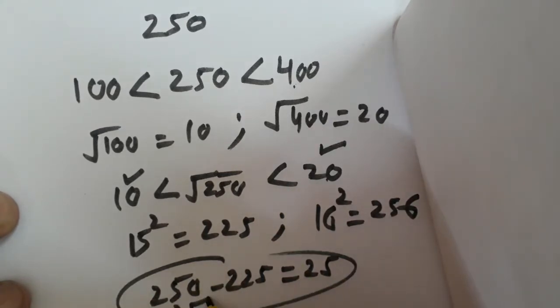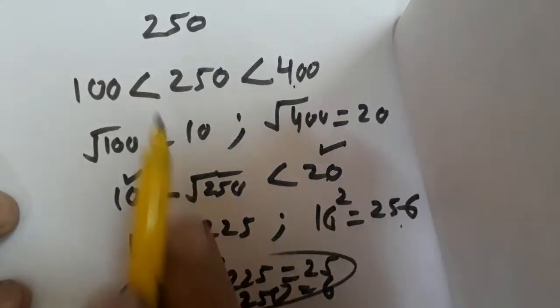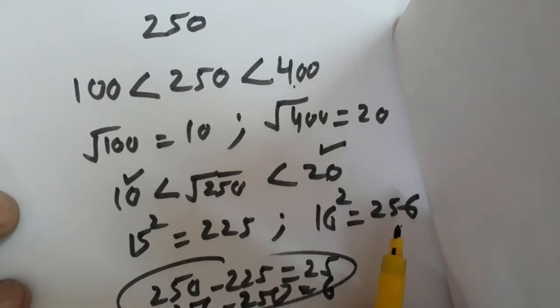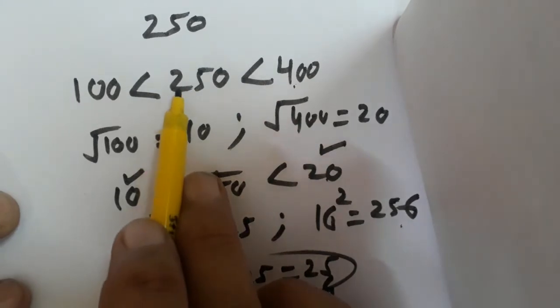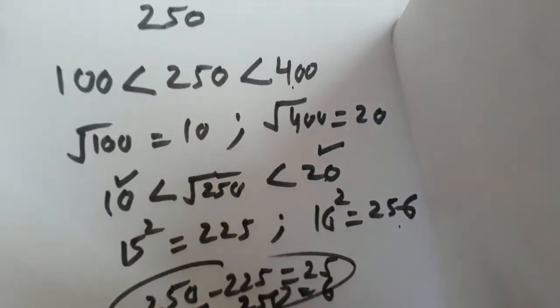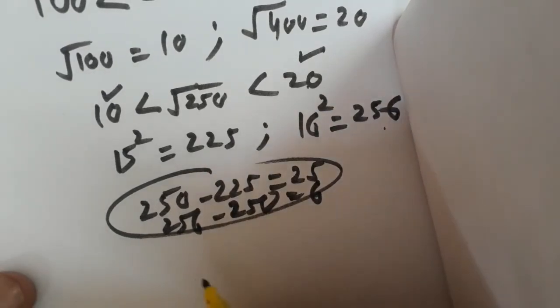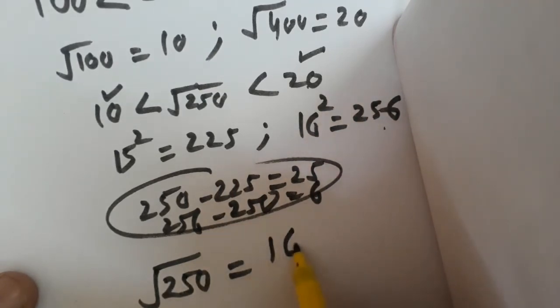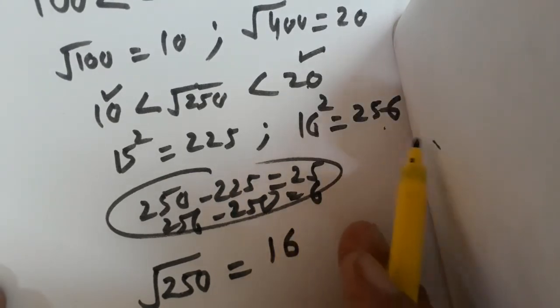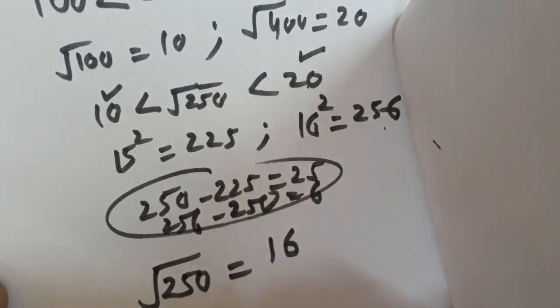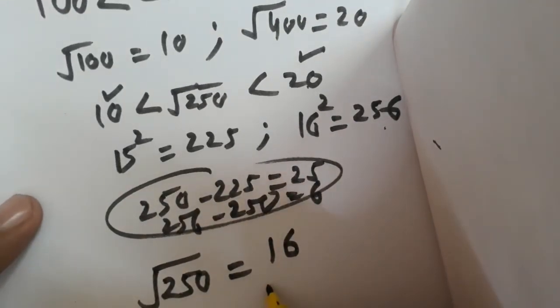That means 256 is much closer to 250. So I conclude the number which is much closer to 250, the square root of 250 will be 16. Student, if you calculate, you find that it is approximately 16. I need to write approximately here.